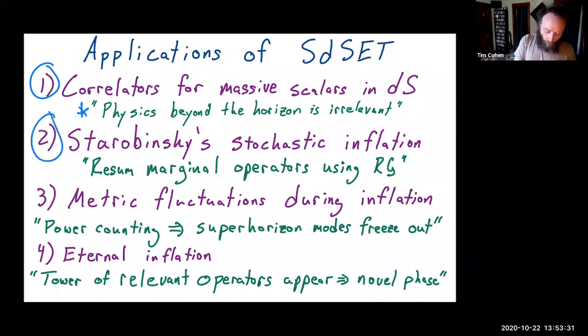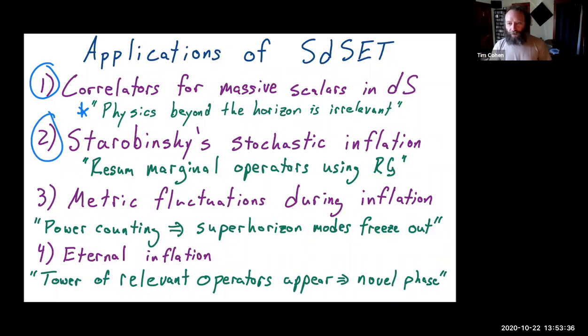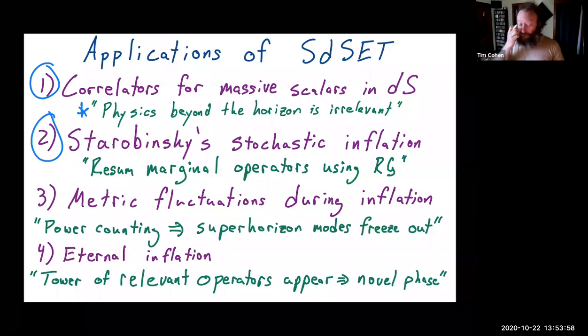Then what's actually been kind of a hot topic lately, there's been a number of papers, there's actually one just a few days ago, is understanding the massless limit where Starobinsky's stochastic inflation formalism applies. And there's lots of different approaches that all give the same description. And so we have our own. For us, you don't have to be clever. You use exactly the same techniques that applied to the massive scalar fields.